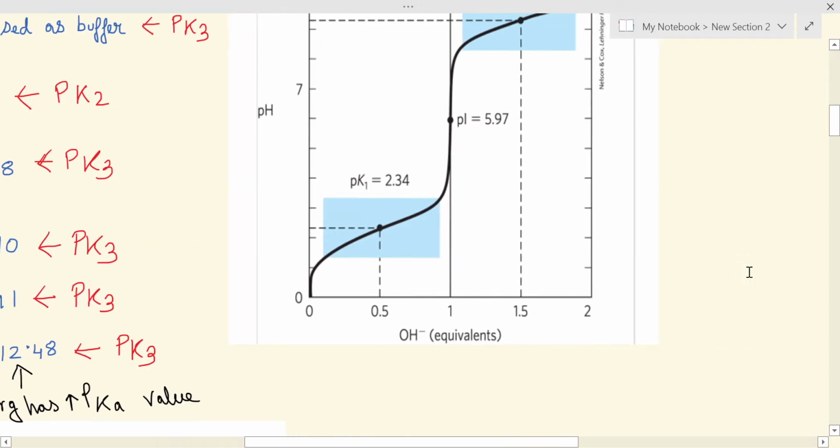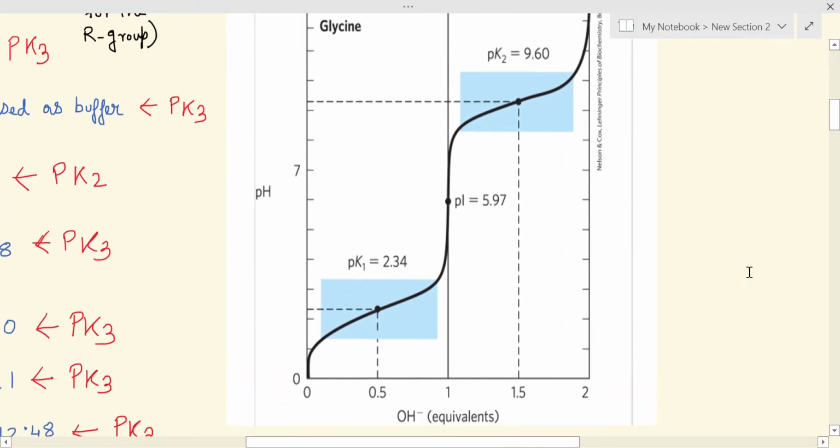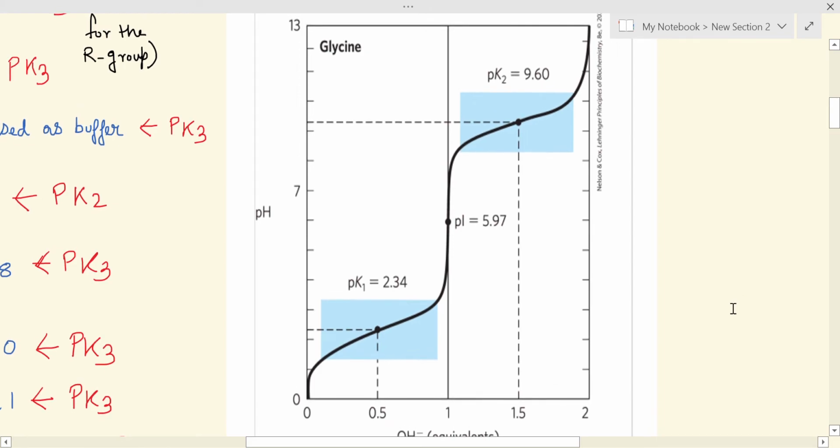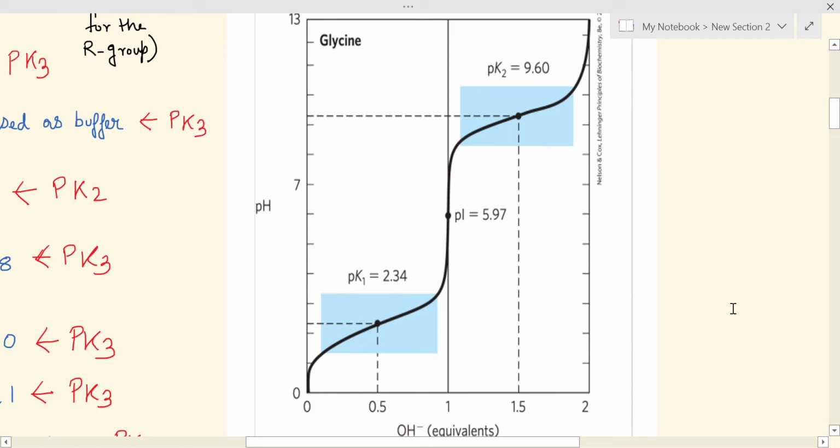Now, to give you a better understanding of how to plot pKa values on a titration curve, this figure is the best example. This is the titration graph for glycine.